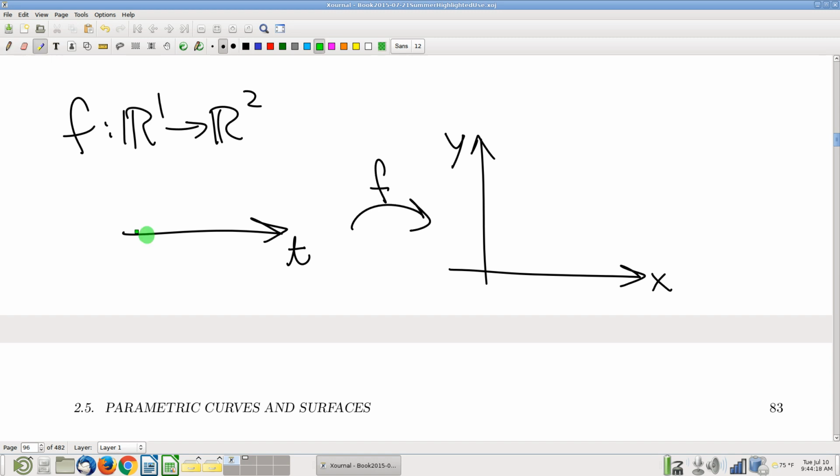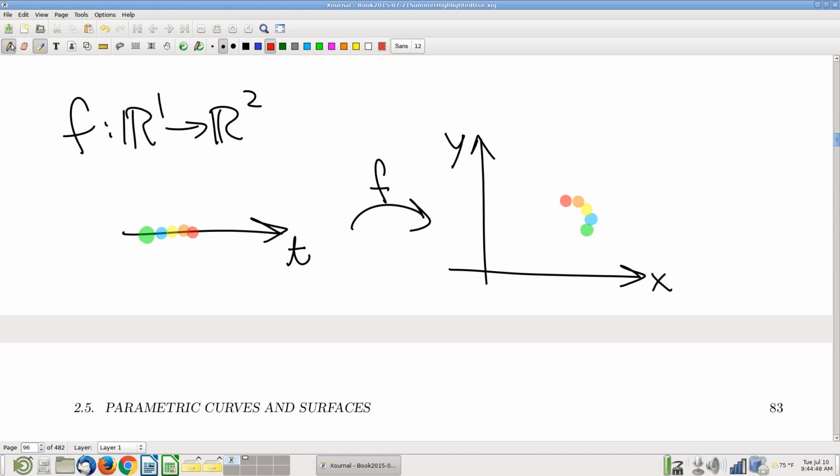Well, this input value of t gives rise to some point in the target. The next value of t is going to give some other point in the target. You can kind of keep going. That point may go to that point, and then that point might go there, and that point goes there.